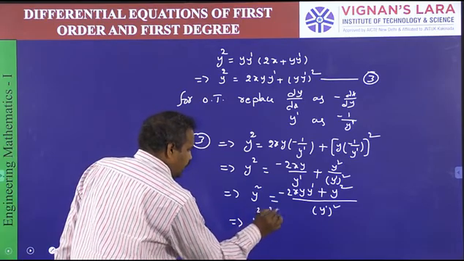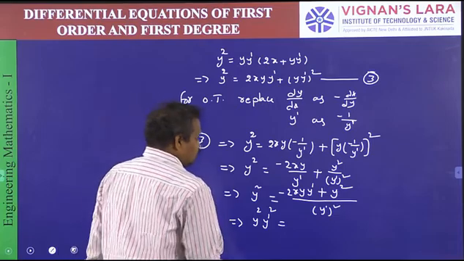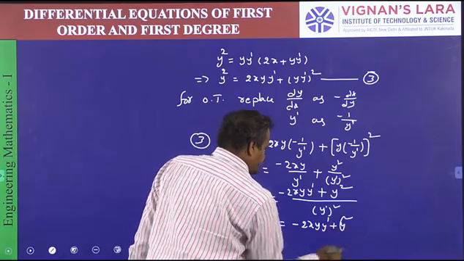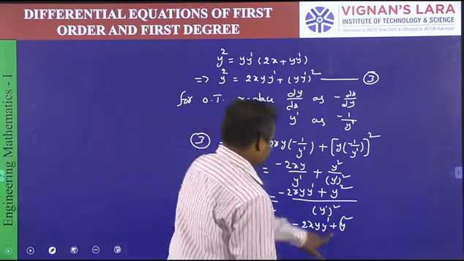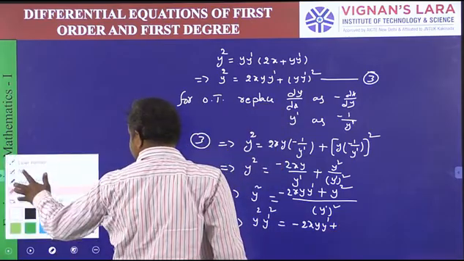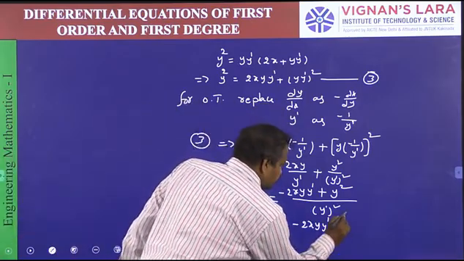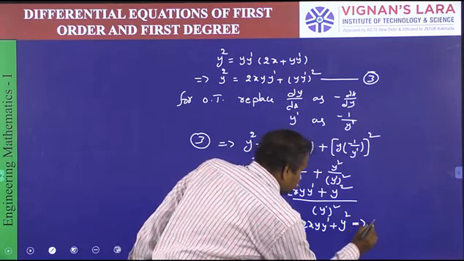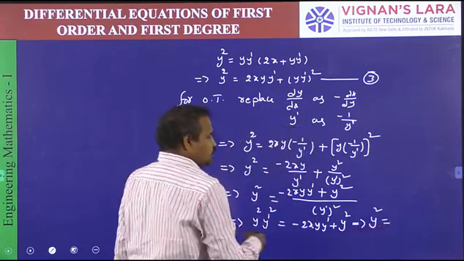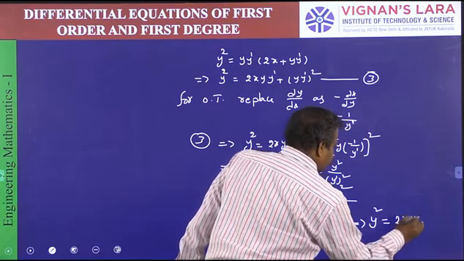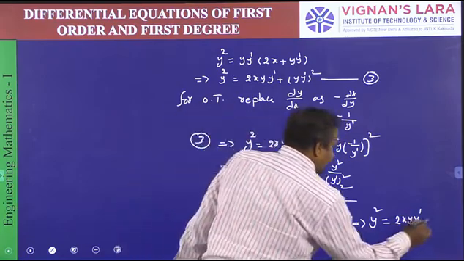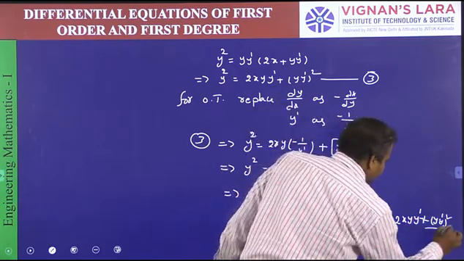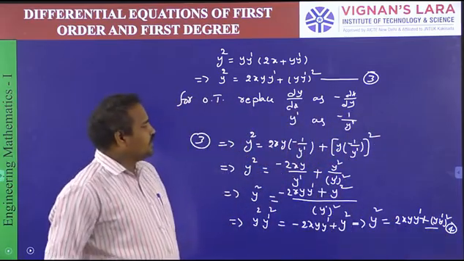Y square into y dash square is equal to minus 2xy y dash plus y square. From this I want y square. Bring this one into the left hand side. Y square is equal, minus term goes to left hand side, 2xy y dash plus y square y dash whole square can be written as y into y dash whole square. Let it be 4.